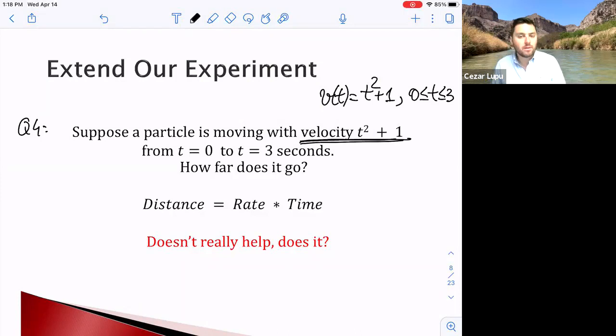Yes, Jonathan, you're right. So Jonathan asks, so we can take the antiderivative of the velocity to get the position formula. Yes, I totally agree with you on that, but I'm trying to mimic it from scratch. I want to do everything from scratch. What you're doing right now is killing the mosquito with the atomic bomb.